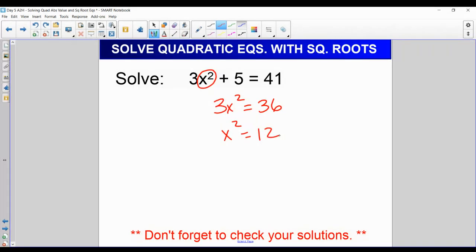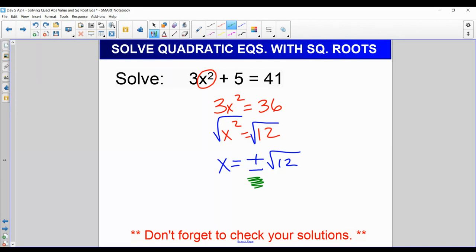And when I do this step of taking the square root, I'm going to get x equals plus or minus square root of 12. Okay, the important part is that we remember the plus and minus.